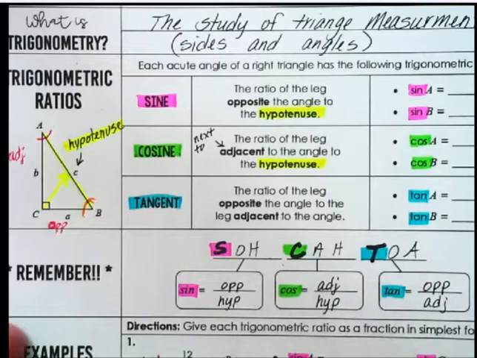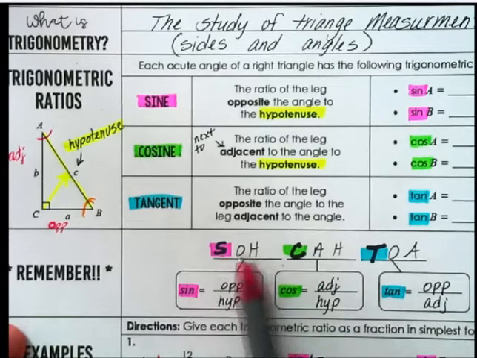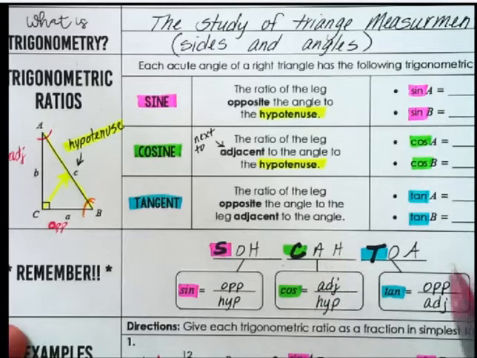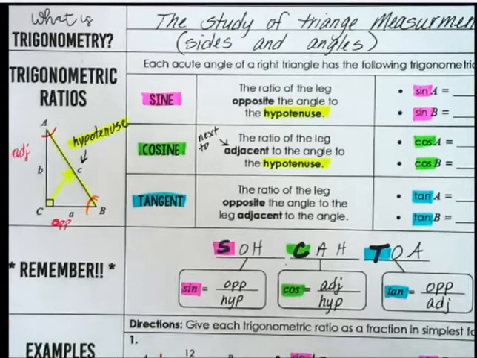This helps you remember that sine is opposite over hypotenuse, cosine is adjacent over hypotenuse, and tangent is opposite over adjacent. You may also be able to Google search SOHCAHTOA and find other fun ways out there to remember this as well.